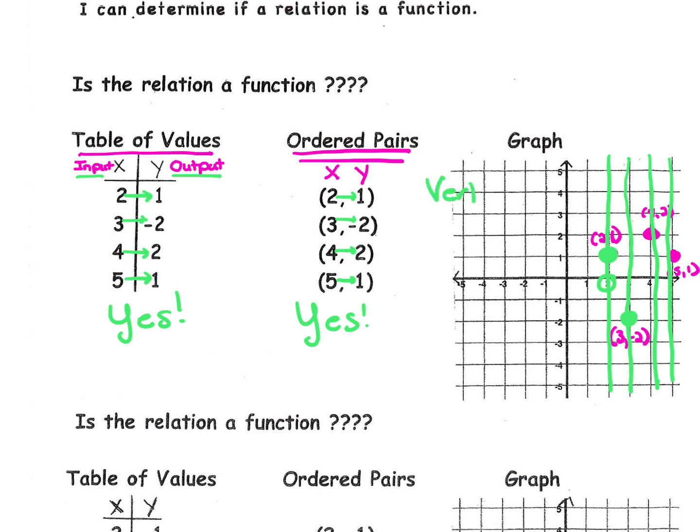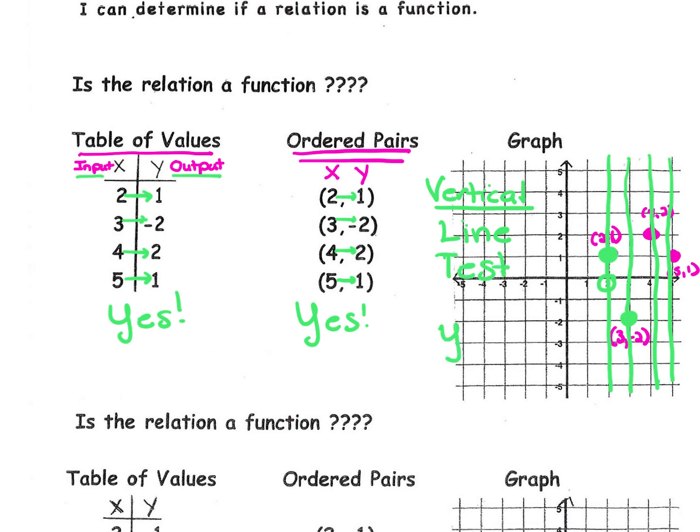This vertical line test will come in handy later as we test to see if different equations graphed on a coordinate plane actually are functions. But this is called the vertical line test.